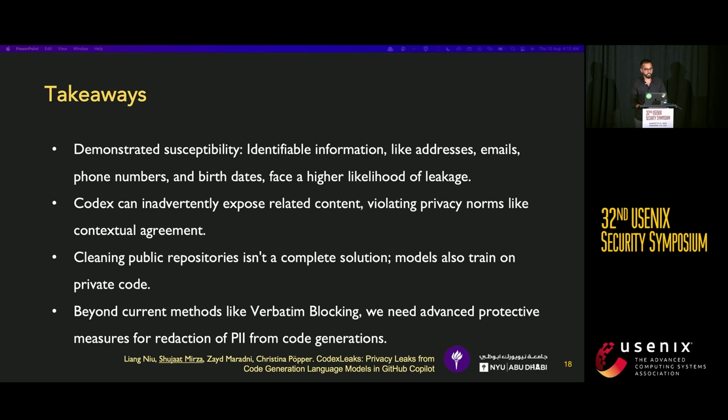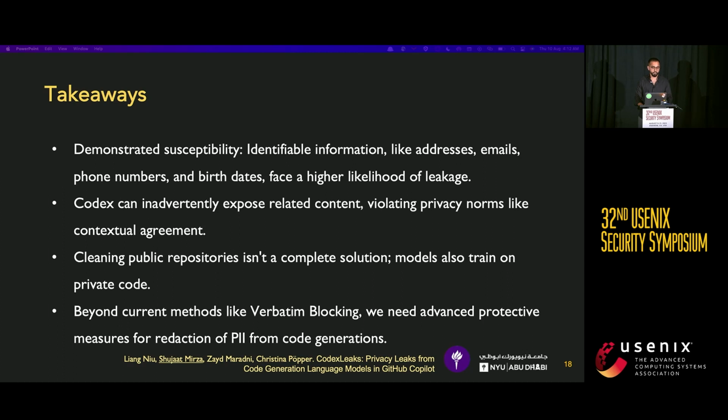So in terms of takeaways, we propose and develop a semi-automated pipeline to test a code generation model for privacy leakage. We would assume that this kind of method could be utilized more rigorously to audit language models for privacy leakage before they are being sent for production.